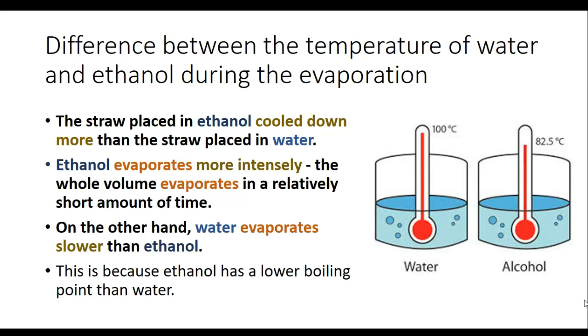On the other hand, the water evaporates slower than ethanol. All of this is because ethanol has a lower boiling point than water. So ethanol will go from liquid to gas much faster than water will.